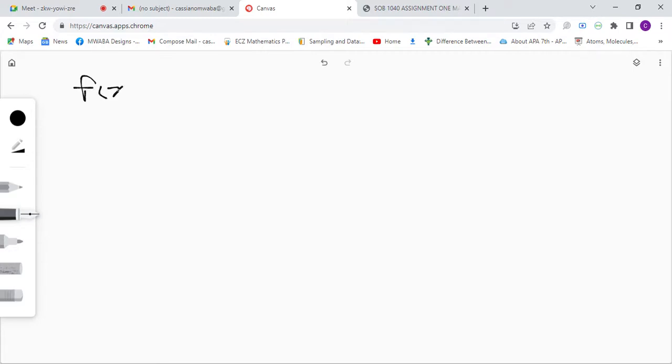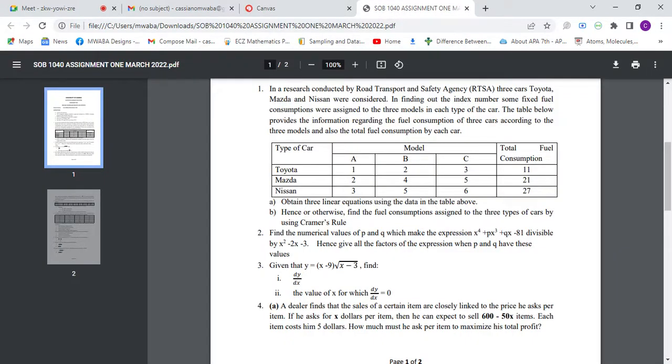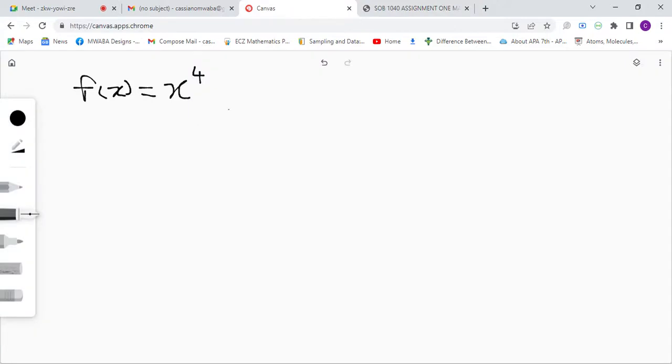All right, so we have our expression here: x to the power of 4 plus px cubed plus qx minus 81.